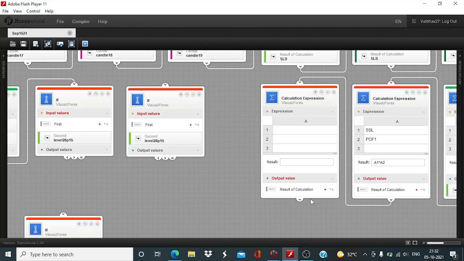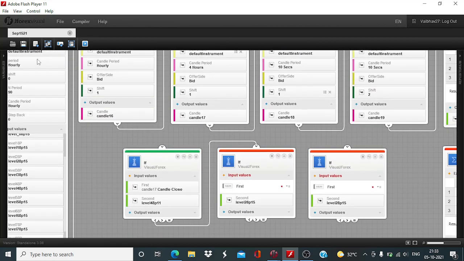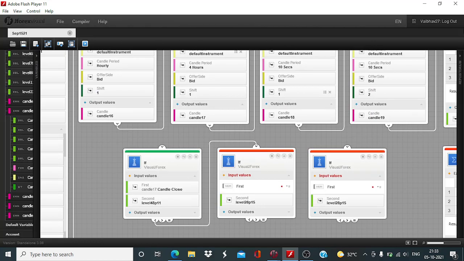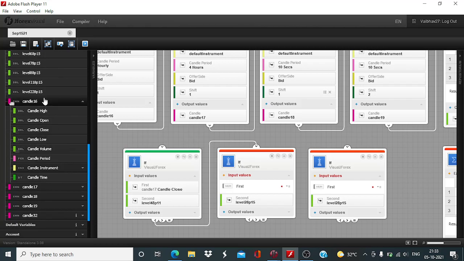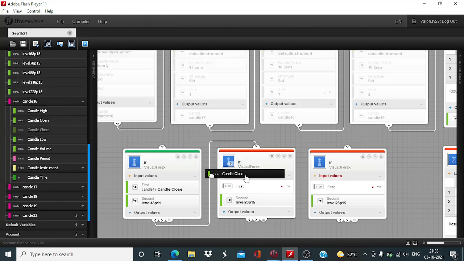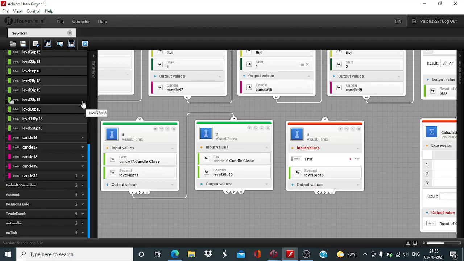Okay, so we have candle 16 candle close, and candle 32 candle close.